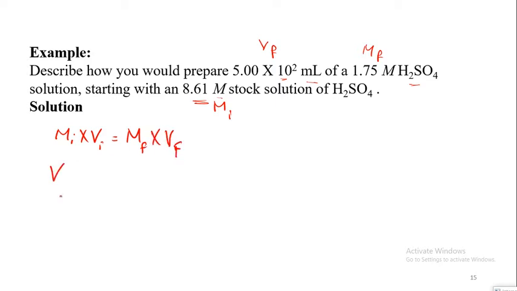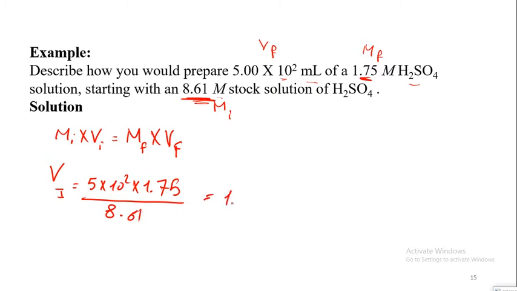For that, my initial volume should be equal to my final volume multiplied by my final molar concentration, which is 1.75, divided by my stock solution concentration, which is 8.61.